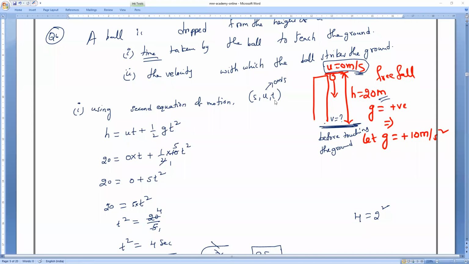Final velocity only. Distance we already know, they have given h. We need the final velocity, with what velocity it will hit the ground. Yes, Sanjay, displacement and height are the same. Okay.